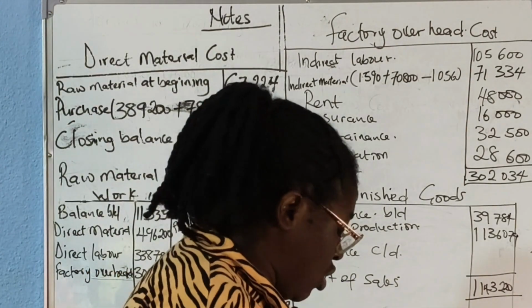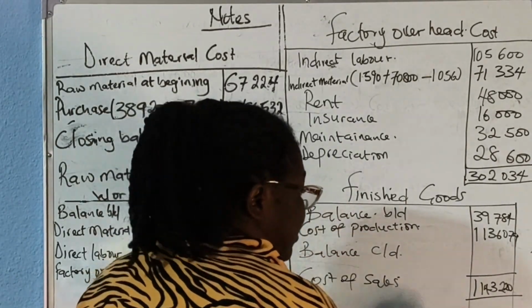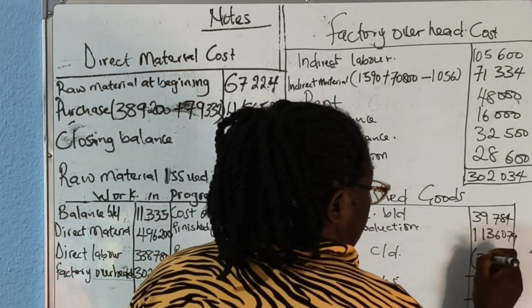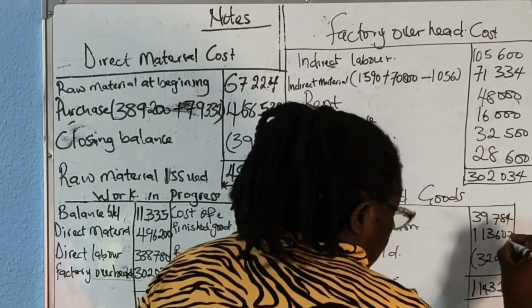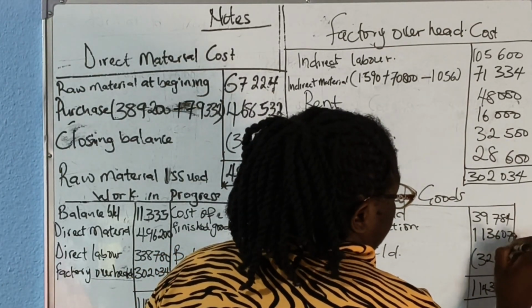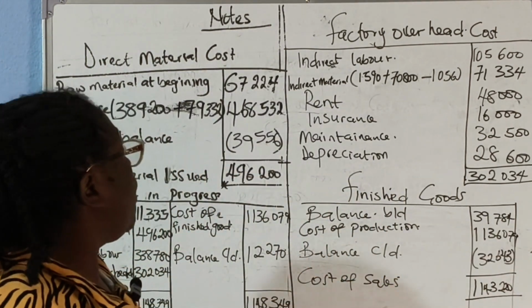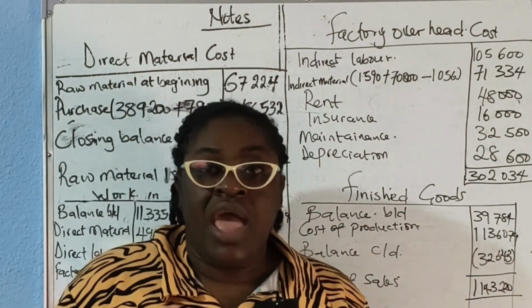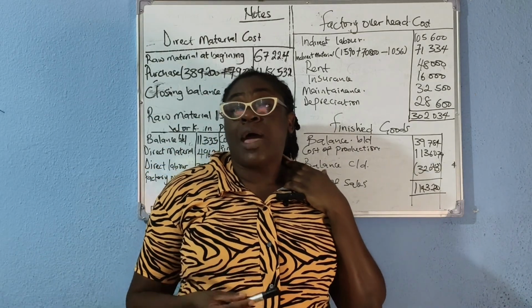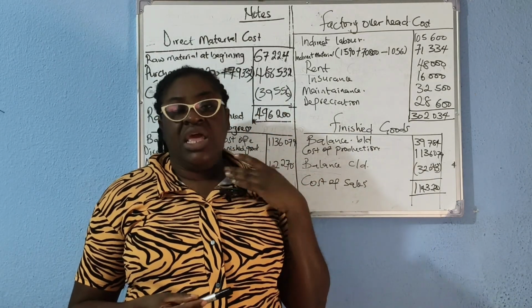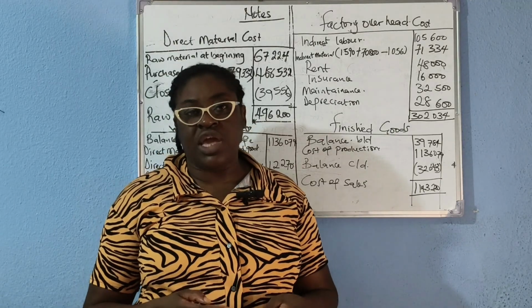And then our closing balance here stands at negative 32,643. And that is the notes for the cost accounting. This is me for today.